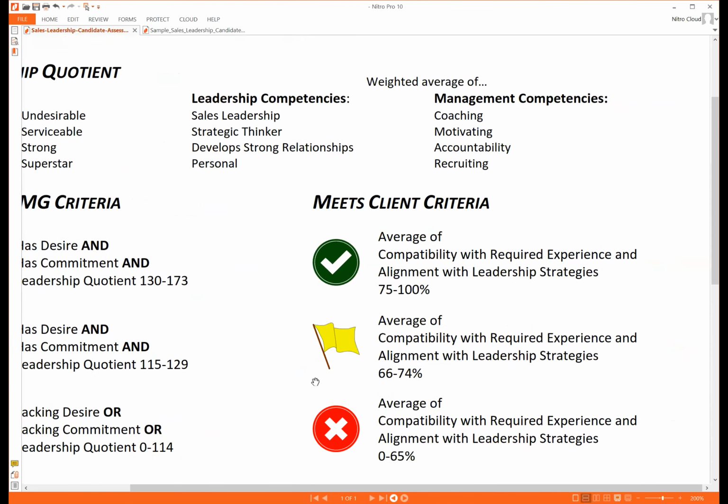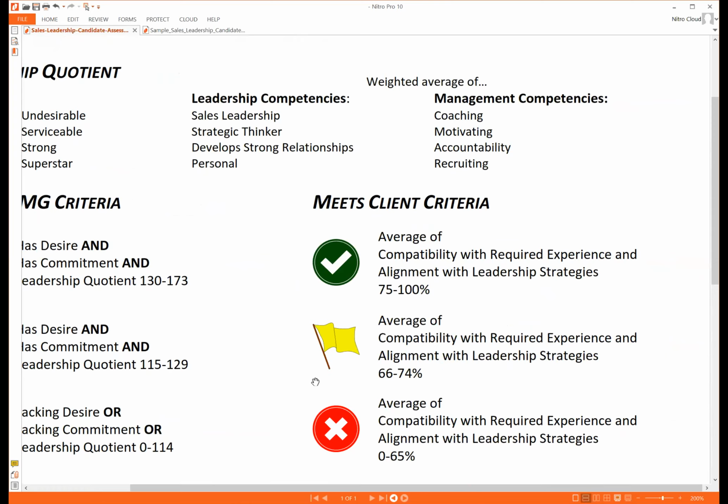On the client criteria, we're looking at two things. First, the compatibility with the required experience for the role. And second, the alignment with the leadership strategies. So on any sales leadership candidate assessment, you'll find compatibility, which has to do with their experience, and alignment, which has to do with their strategies.